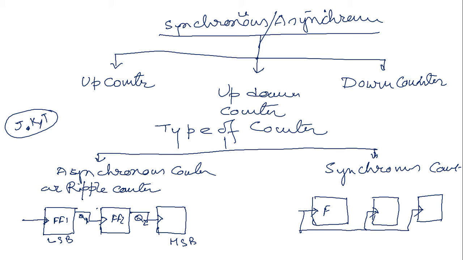It is provided to the first flip-flop. Keep it in mind that the clock pulse is not provided to all the flip-flops, and for synchronous, the clock pulse is provided to every flip-flop. I am coming to the differences that this connection creates between synchronous and asynchronous counters.